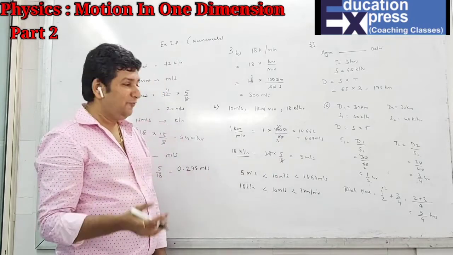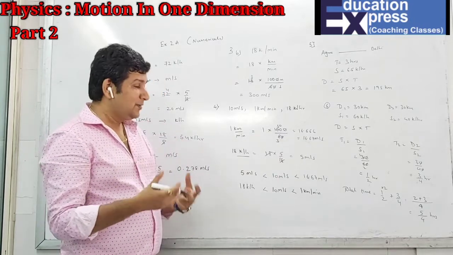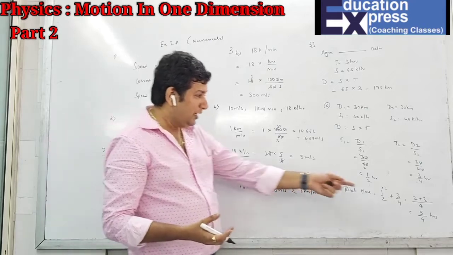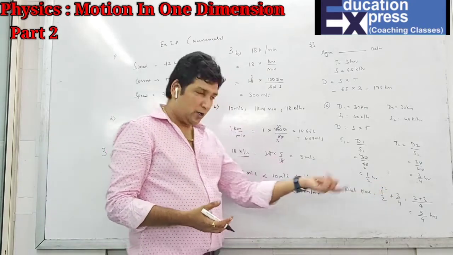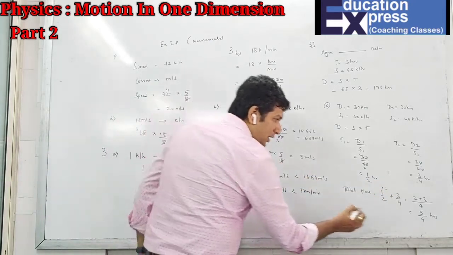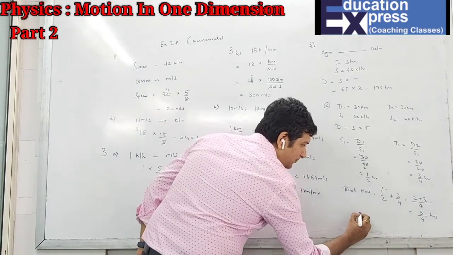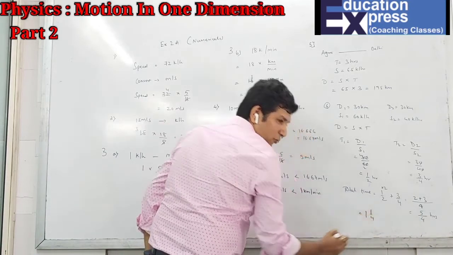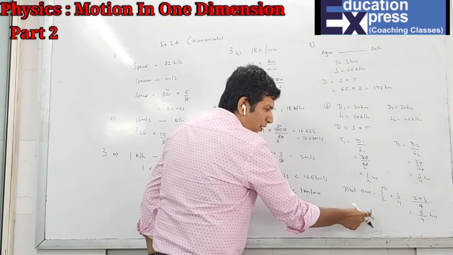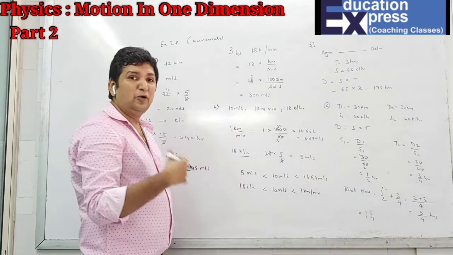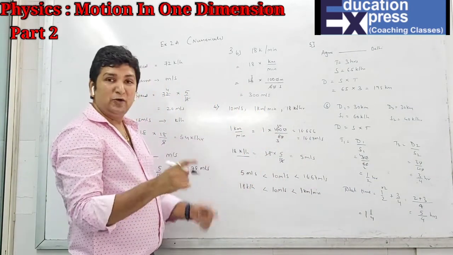Obviously not. You have to definitely specify the answer in a simplified form. That means you can convert this into minutes, or present the answer as a mixed fraction. What is the mixed fraction for 5 upon 4? 1 and 1 upon 4. That means 1 hour, and 1 upon 4 you can convert into minutes. How to convert hours into minutes? Multiply by 60.